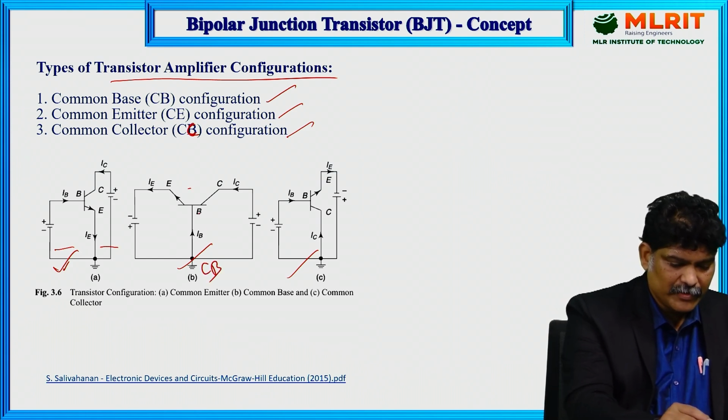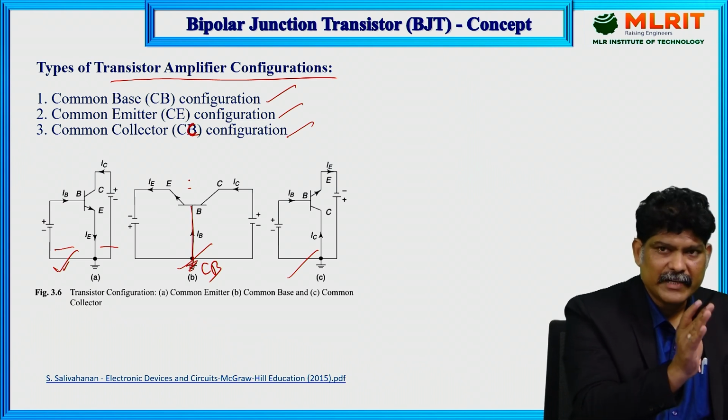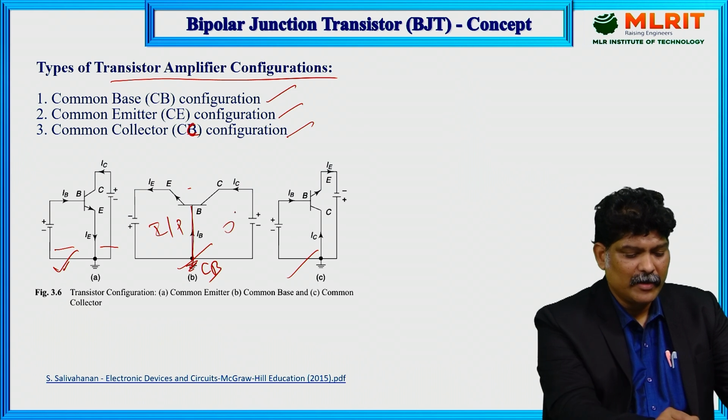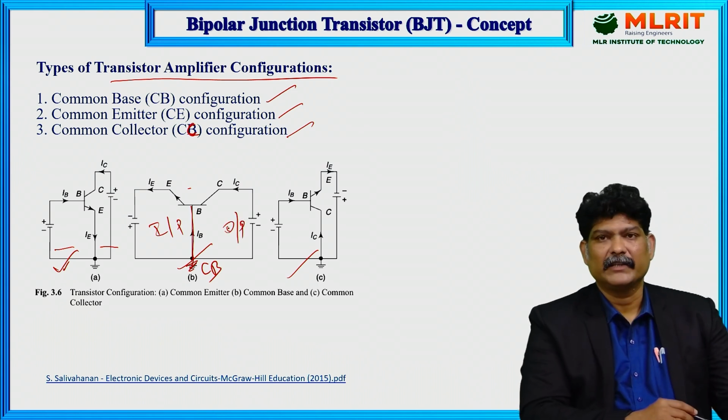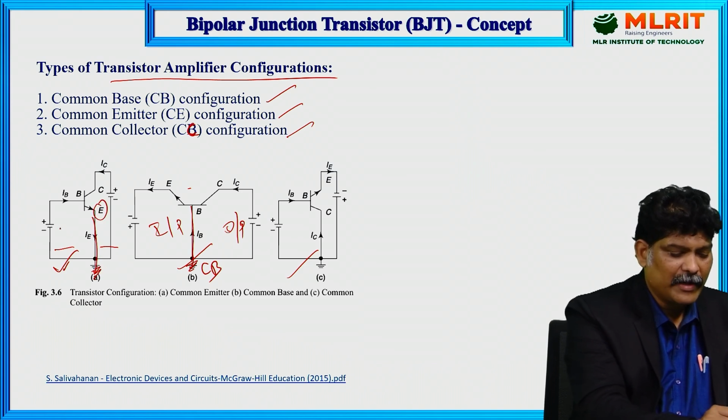CB. So here the base terminal is grounded, or you can say the base terminal is common to the input port and output port. Here in common emitter, the emitter terminal is grounded, or the emitter terminal is common to both the input port and output port.